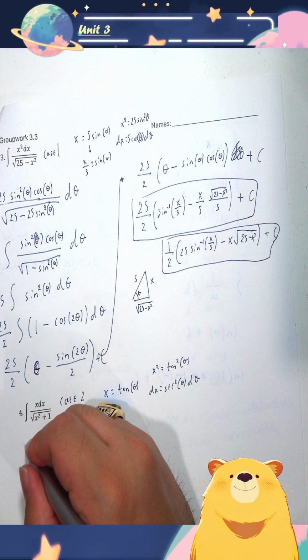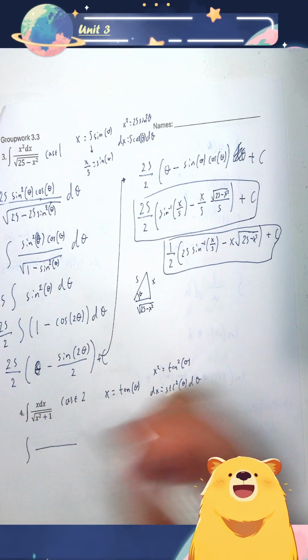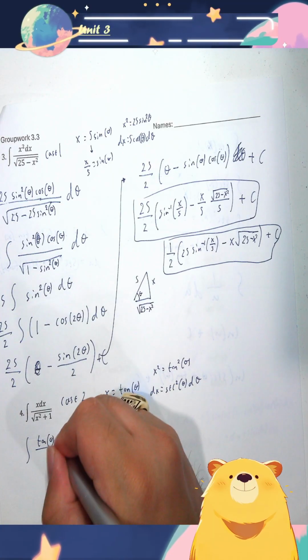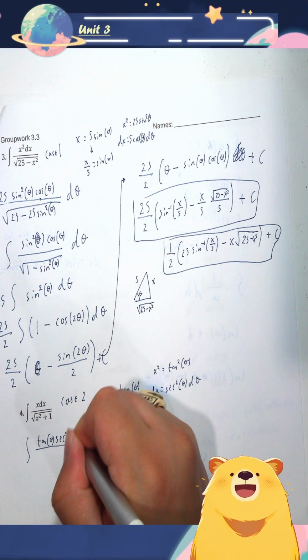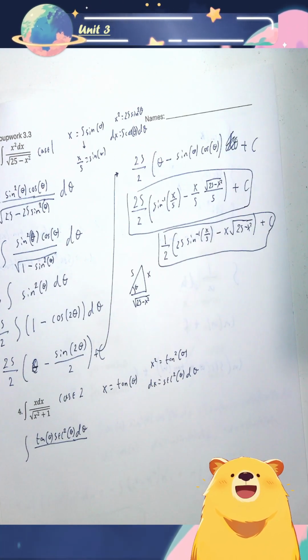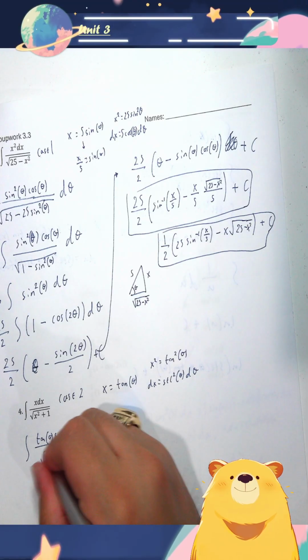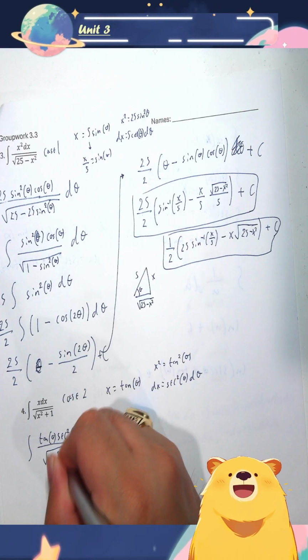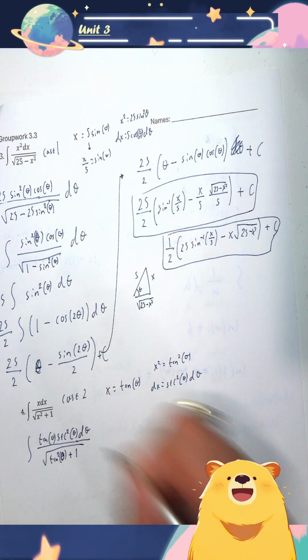So on the top we have tangent of theta, secant squared of theta d theta over tangent squared of theta plus 1.